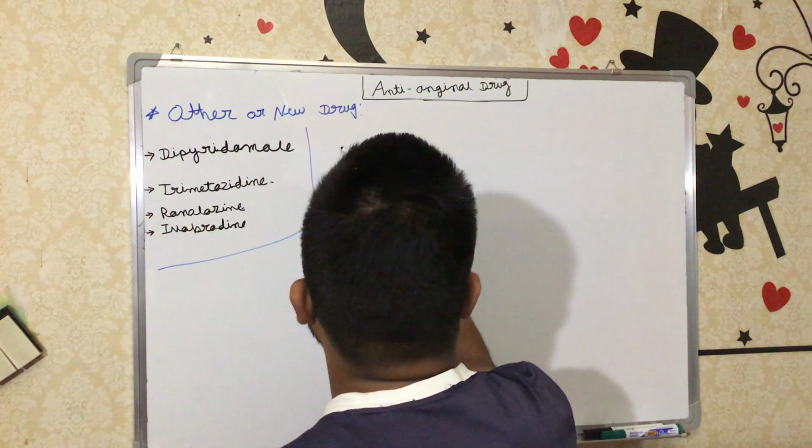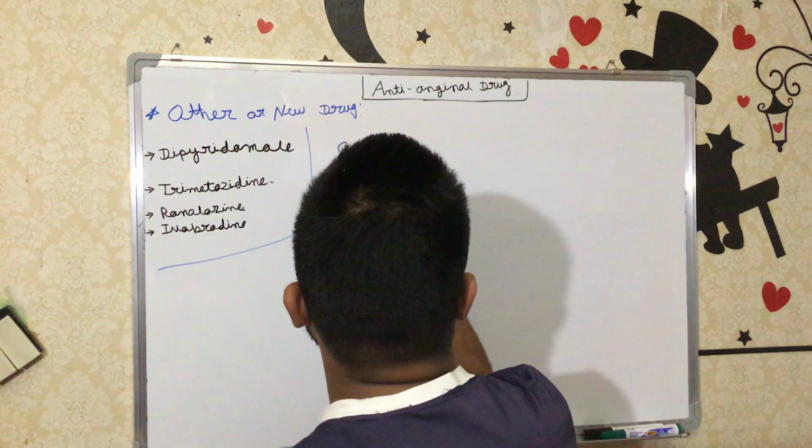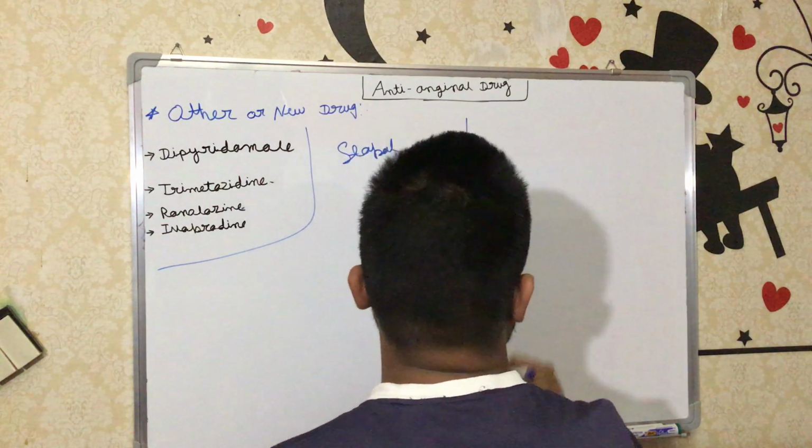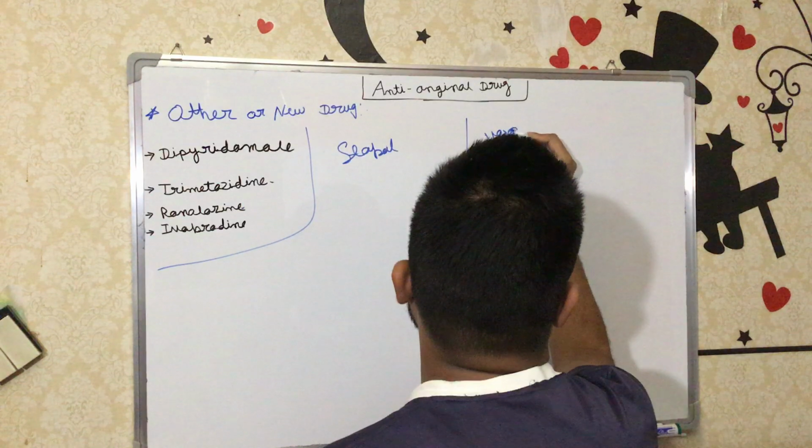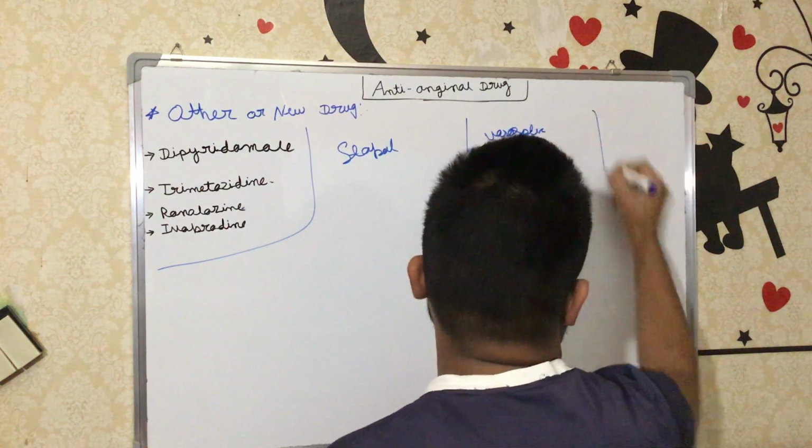So first, stable angina, vasospastic angina, and then unstable angina.